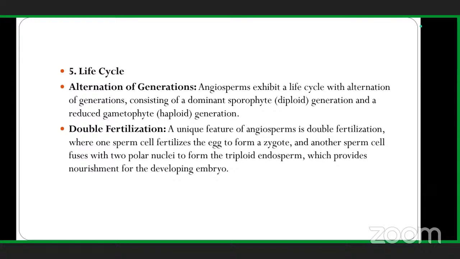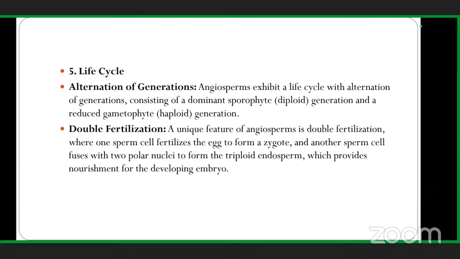In double fertilization, one sperm cell will fertilize the egg to form a zygote, and another sperm cell fuses with two polar nuclei to form the triploid endosperm, which provides nourishment for the developing embryo. I think another teacher is teaching you sexual reproduction, so there you will learn more deeply about double fertilization.